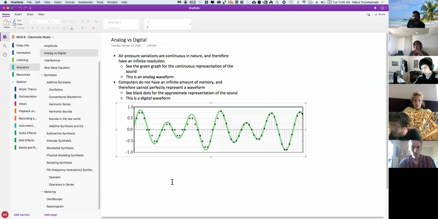We're getting the computer to generate these waveforms, which ultimately get converted to sound, which we hear in the real world. You could think about analog as being a continuous process, whereas digital is a discrete process that occurs on the machine.